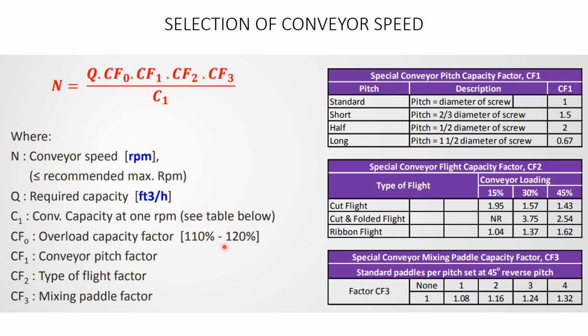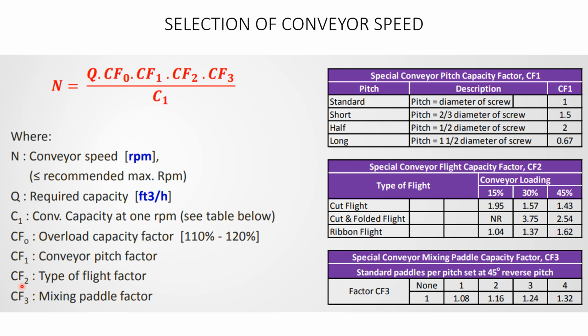And in case, always take 110%, that is a 1.1 safety factor, to avoid extra cost because of over design. Okay, so CF0 we said. C1 is the conveying capacity at 1 rpm, that depends upon the previous formula which we have seen, or from the table also we can take.